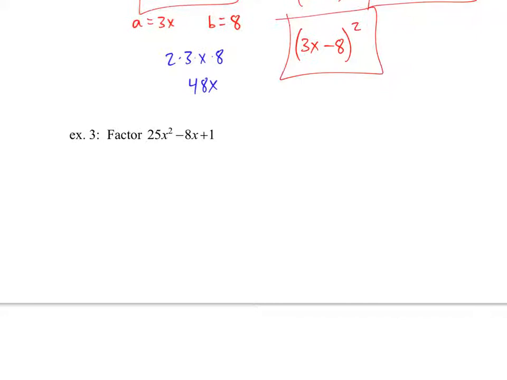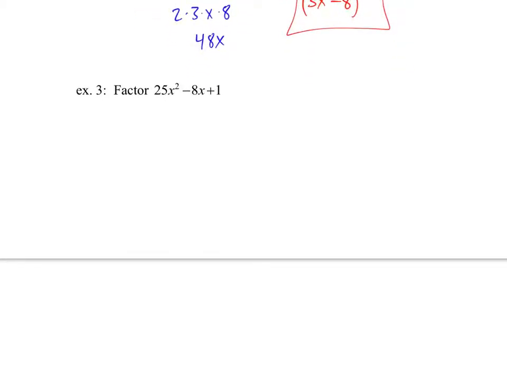Jump down to, I think, one last one. This still fits that same a minus b squared. I didn't go back to that top one. So a has to be 5x, because we square root the 25, square root the x squared, we get a 5x.